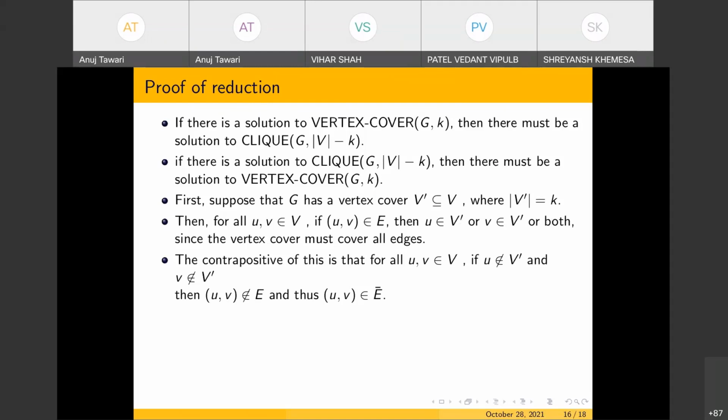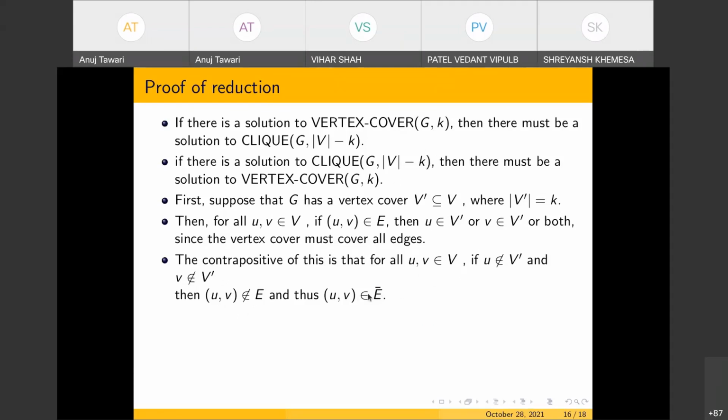Now we just take the contrapositive of this statement, which is that if both of these are not in our vertex cover, then there cannot be an edge between those two vertices.